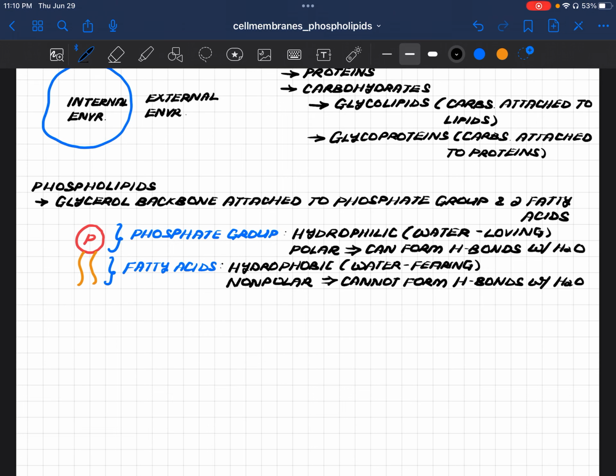Because a phospholipid has both hydrophilic and hydrophobic regions, we can also call phospholipids amphipathic. And the term amphipathic just means that the molecule has both hydrophobic and hydrophilic regions.